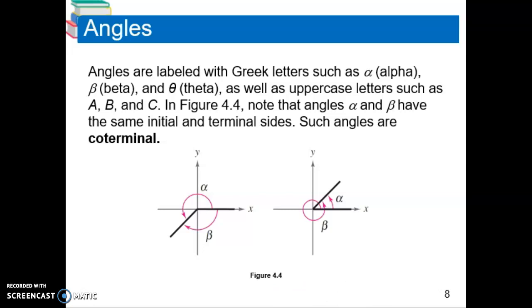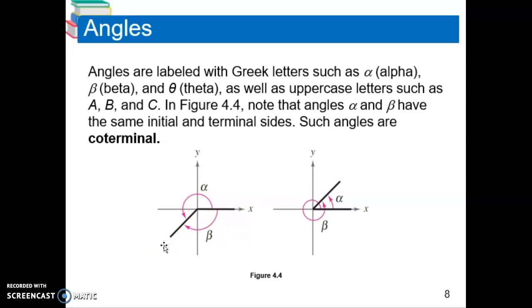We can have two angles that have the same initial and terminal side, yet a different measure. For example, in this picture, you see that angle alpha is positive, while angle beta is negative. Both of them have the same initial and terminal side.